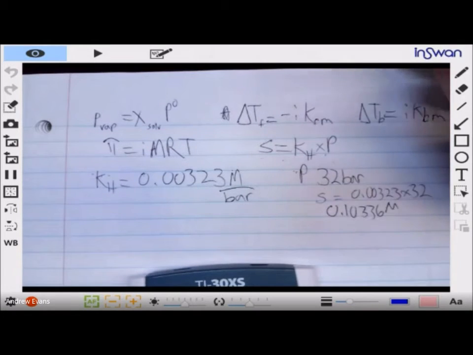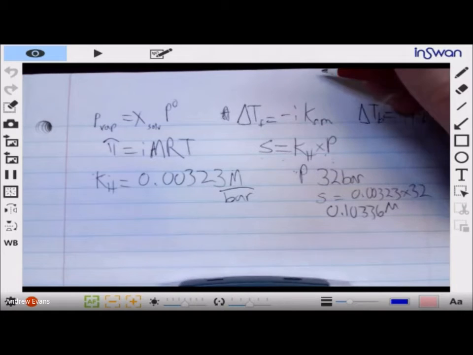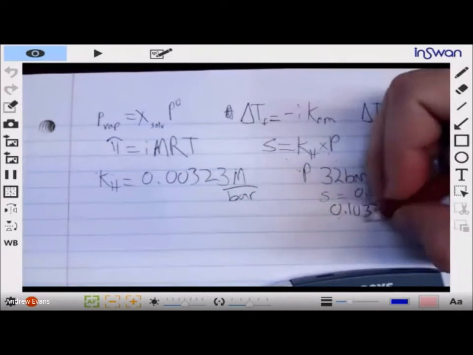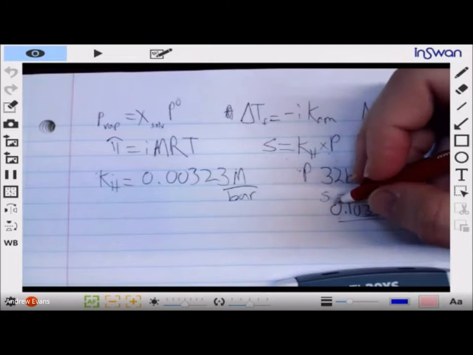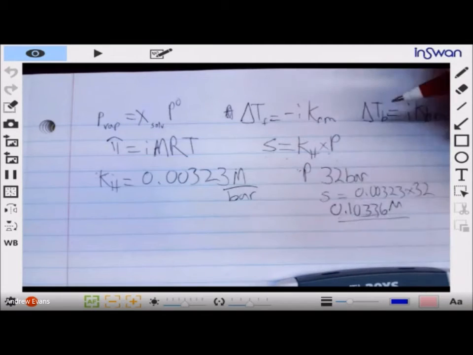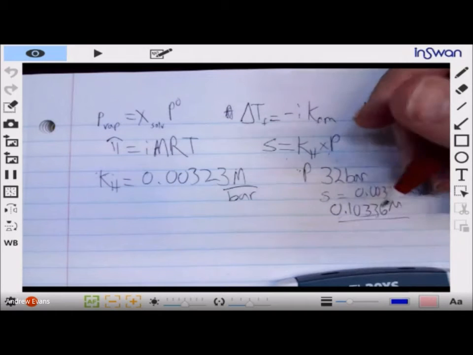Now, another way you could give it, if I said at 32 bar, this is the concentration, and then I say, what would be the concentration at 25 bar?